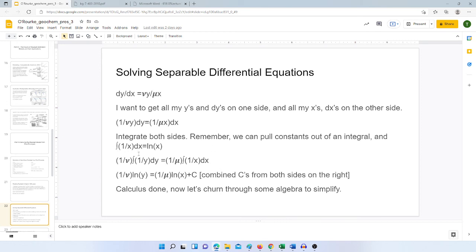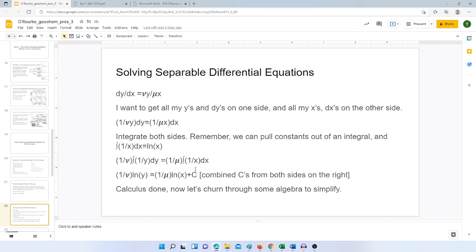The integral of 1 over x is the natural log of x, and we're going to have constants of integration on both sides, but because they're arbitrary, we can move them around as we see fit. So when you churn through the calculus, you get 1 over nu natural log of y is equal to 1 over mu natural log of x plus c, with me having combined both arbitrary constants from both sides. So that's the calculus done.